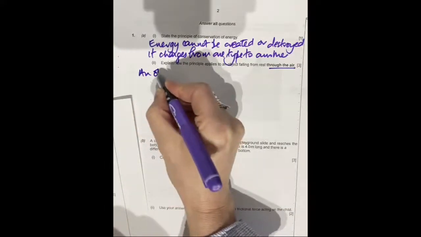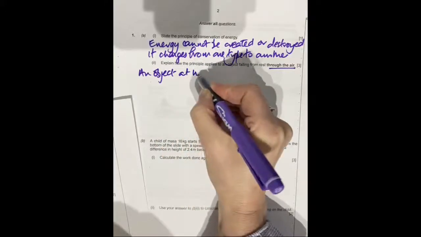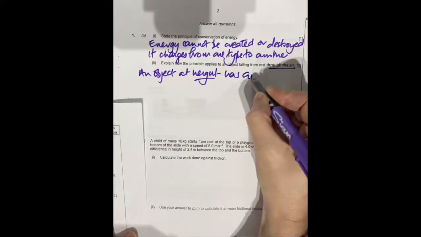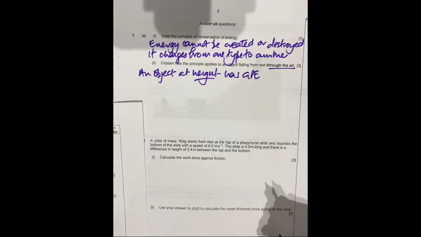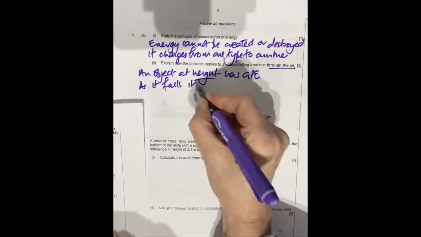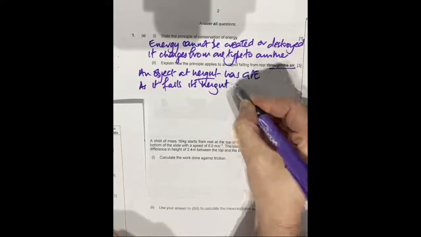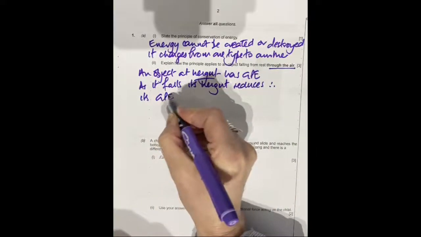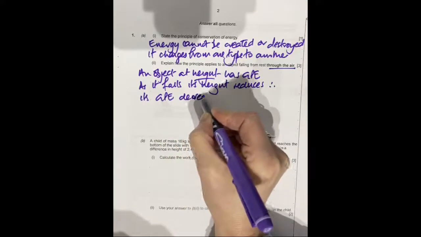All right, so it's an object falling, right? An object falling from height has gravitational potential energy, and you need to write this in full, okay? As it falls, its height reduces, which means, that's a therefore, its GPE decreases.